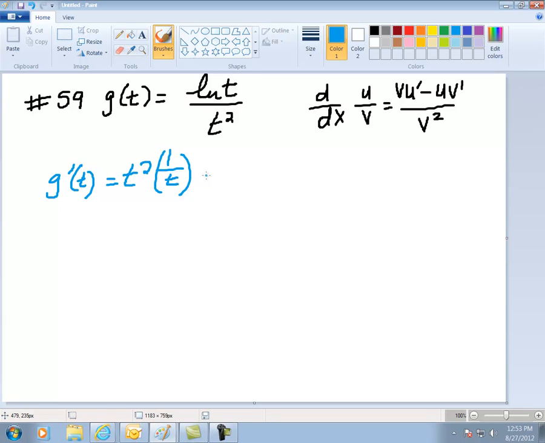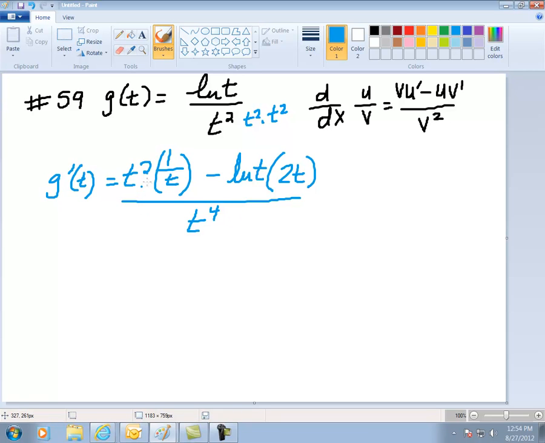We're going to subtract natural log t times the derivative of the bottom, which is 2t. And all that is going to be over the bottom squared, which becomes t to the 4th, because t squared times t squared becomes t to the 4th.